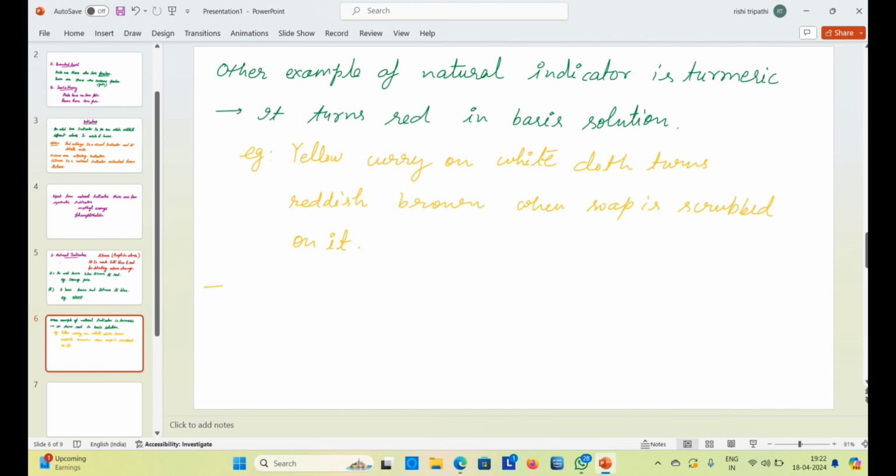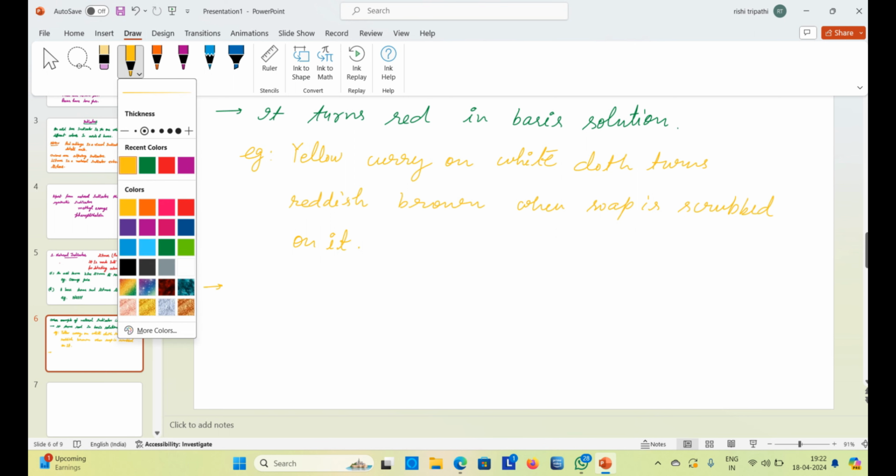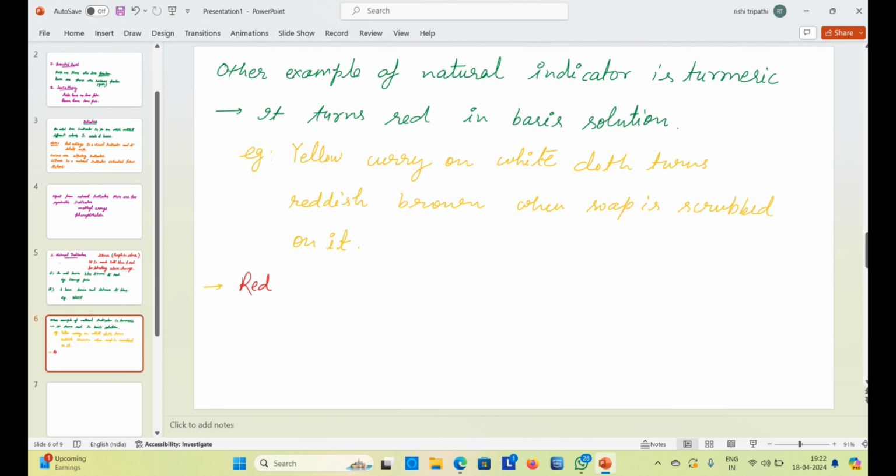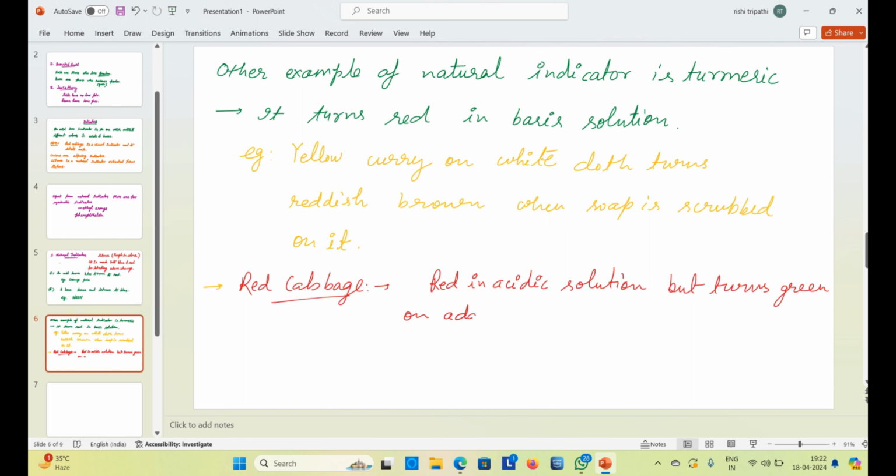Other example of the natural indicator is red cabbage. It turns red in acidic solution, but turns green on adding to basic solution.